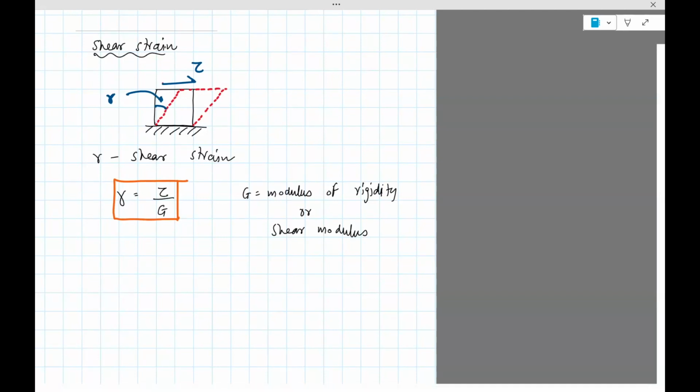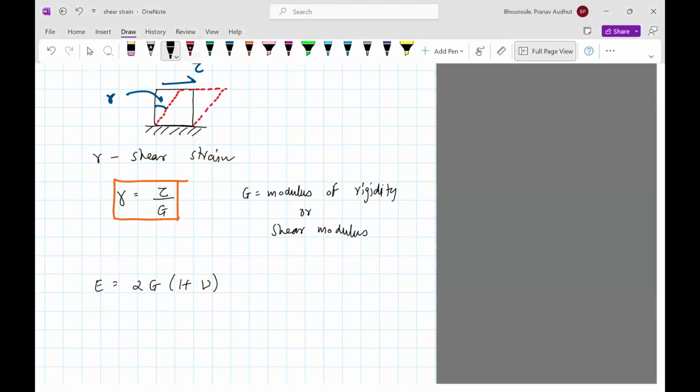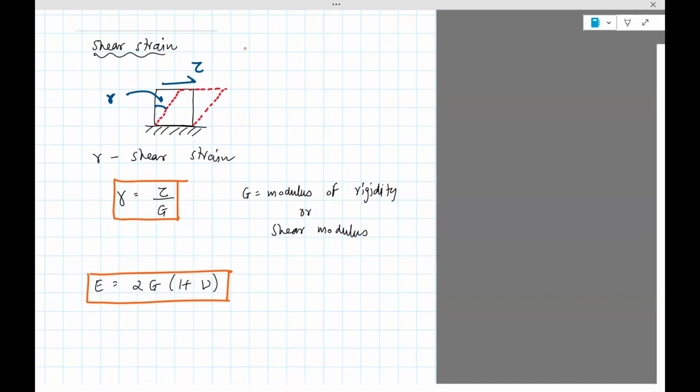They are all related. E is 2 times G times 1 plus nu. So you can compute G from E and nu, or nu from E and G, and so on. This just shows that shear strain is probably related to normal stress. I don't remember this derivation, but it's something which you probably might have seen before.